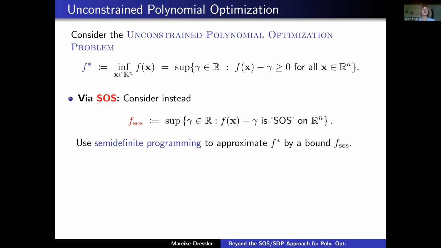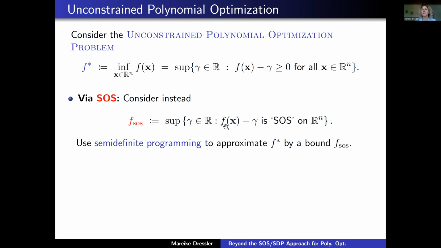Then, in the last few days, you saw how we can do so via a non-negativity certificate. For instance, with the sums of squares non-negativity certificate, you did the following. Here our polynomial optimization problem involves this hard non-negativity condition. Then you say, okay, now we have a sufficient condition for this non-negativity. I can relax this hard condition to, for instance, an SOS condition.